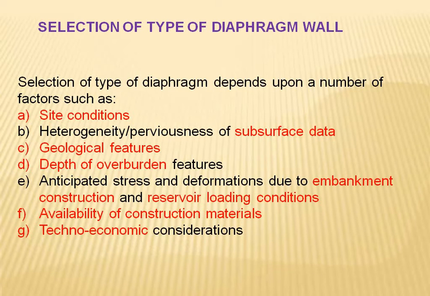Now, what are the selection criteria for a particular type of diaphragm wall? There are some factors for the selection. The first criterion is the site condition, meaning the site location is very important.